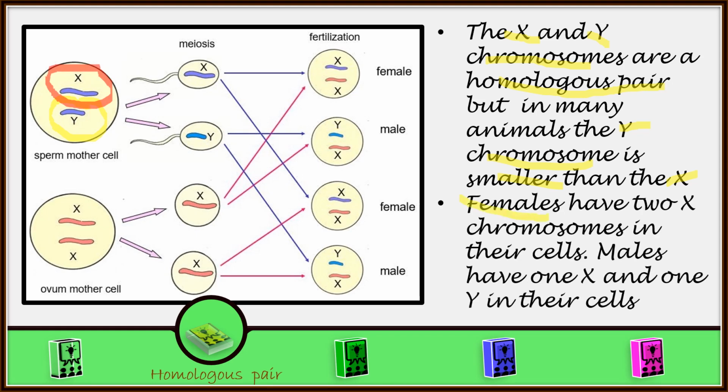Females have two X chromosomes in their cells, and males have one X and one Y in their cells. So this one is for the male, with one X and one Y chromosome, whereas this one is for the female because they have two X chromosomes in one cell.